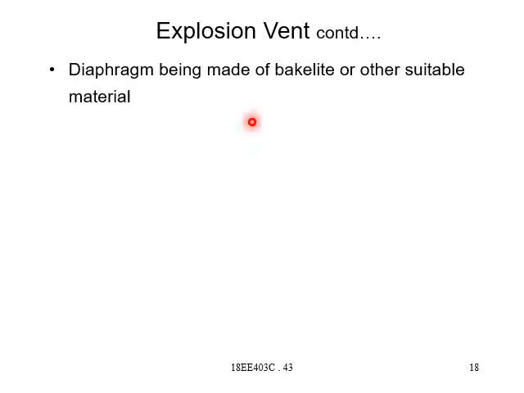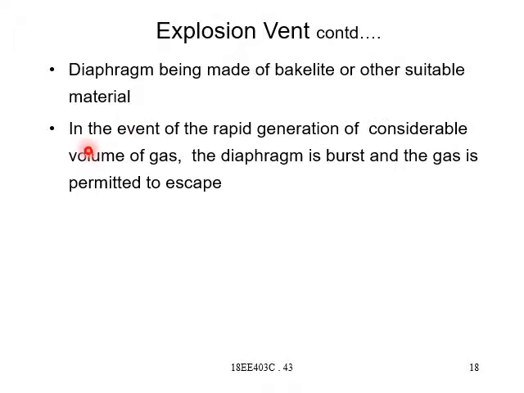In continuation of the explosion vent, the diaphragm is made of bakelite or other suitable material. In the event of rapid generation of a considerable volume of gas, the diaphragm is burst and the gas is permitted to escape.